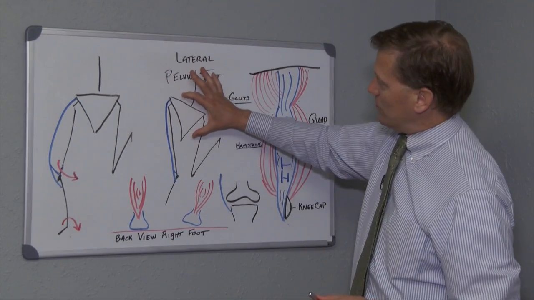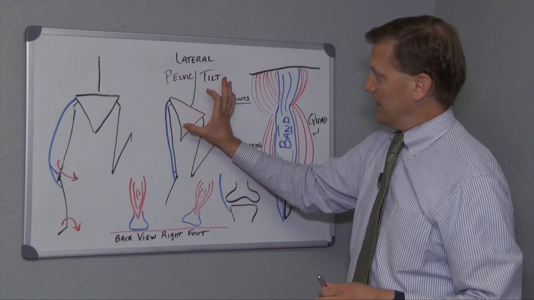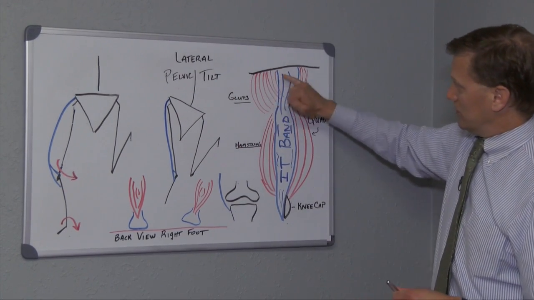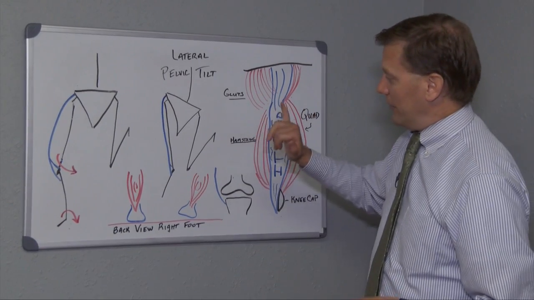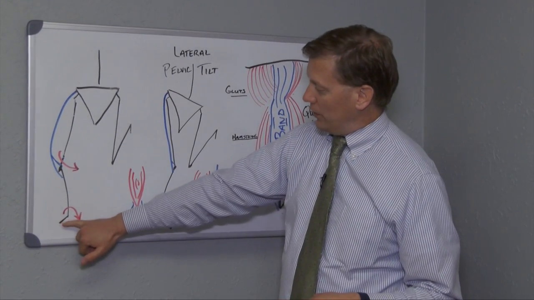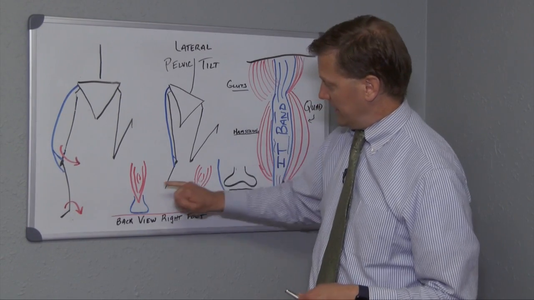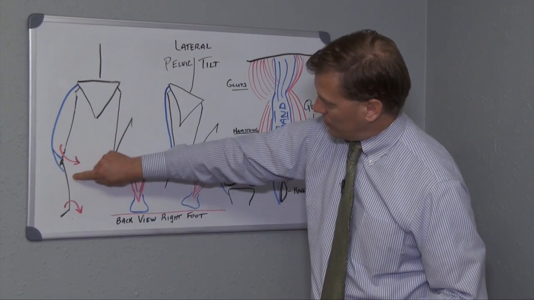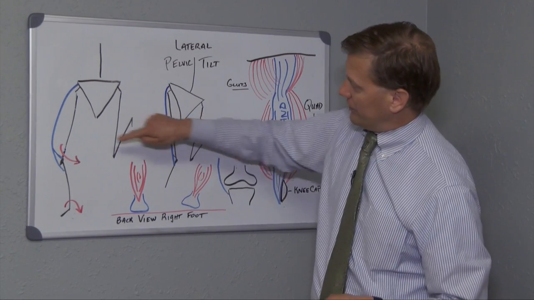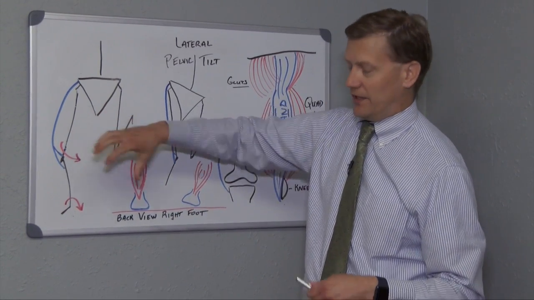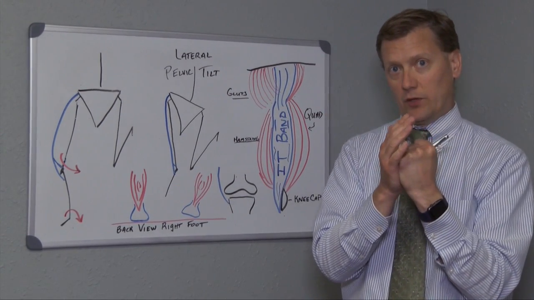The biggest reason why this pelvis doesn't stay level and tilts is because of glute weakness or buttock weakness. The other condition is when the foot rotates in. When the foot rotates in, it causes this shin bone to angle inward, which then also causes the femur bone to rotate in, and it causes the IT band again to bang up against that femoral condyle.